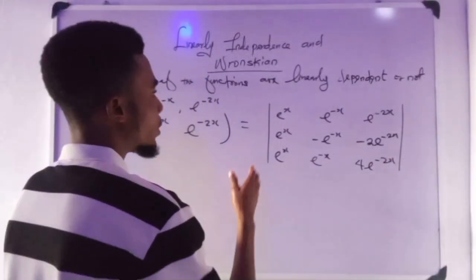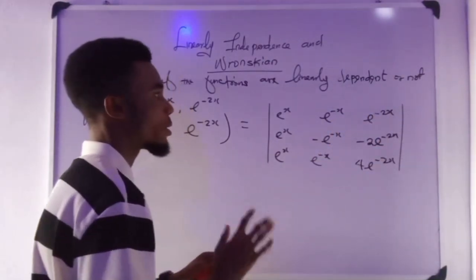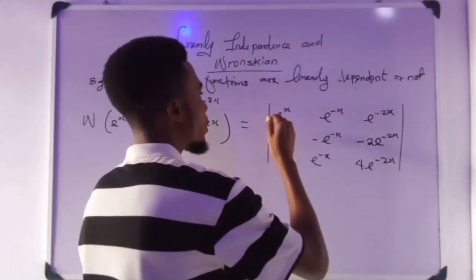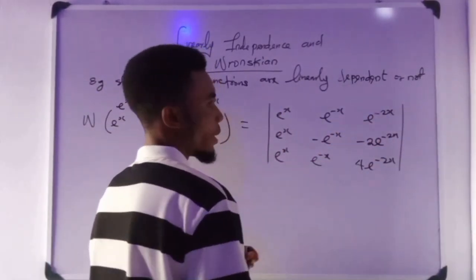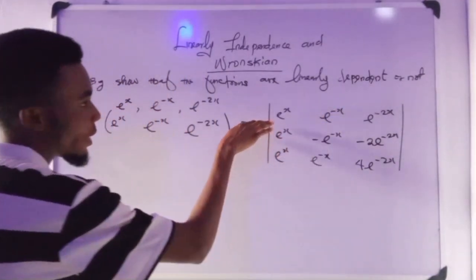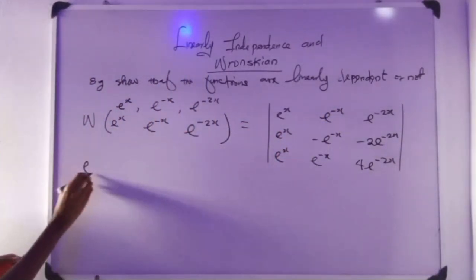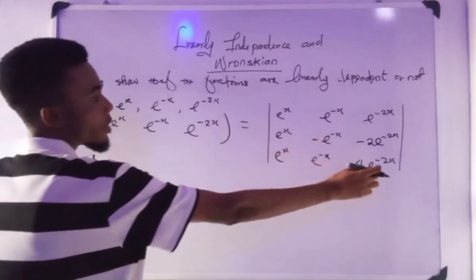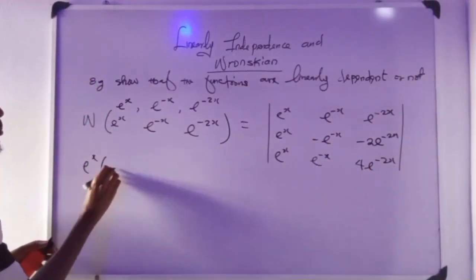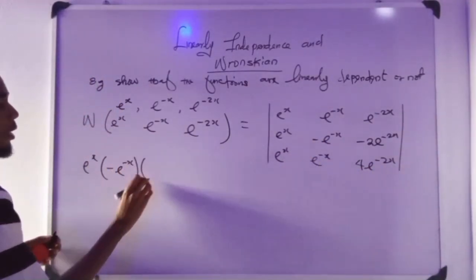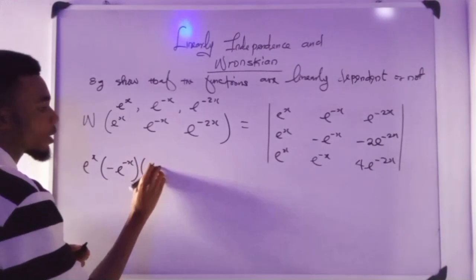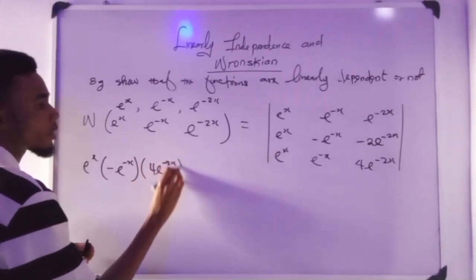So we are going to find the determinant of this now using Sarrus' method by taking first the right indented, then the left indented. Going with the right indented, I have exponential of x multiplying this and multiplying that, which is minus exponential of minus x, and 4 exponential of minus 2x.